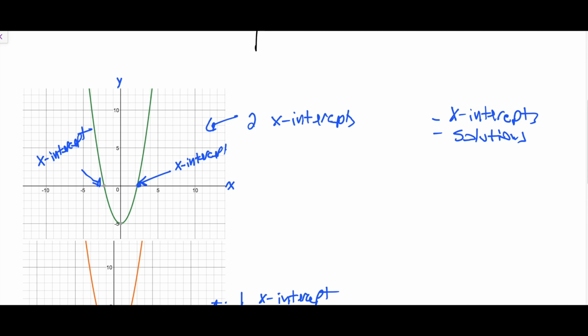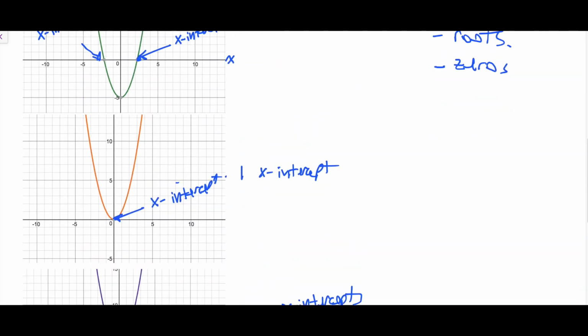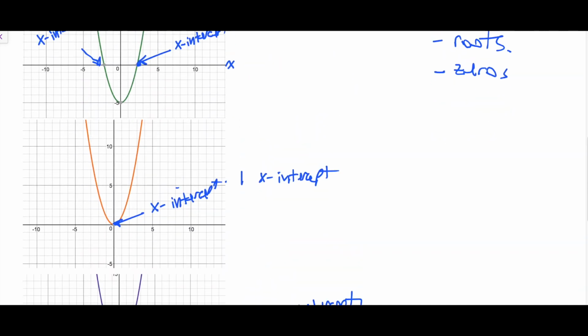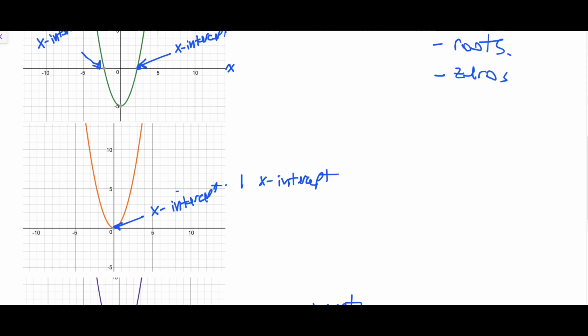They could also be called the roots. How many roots are here? 2. X-intercepts, solutions, roots. Oh, and they can also be called the zeros. How many zeros are here? 2.